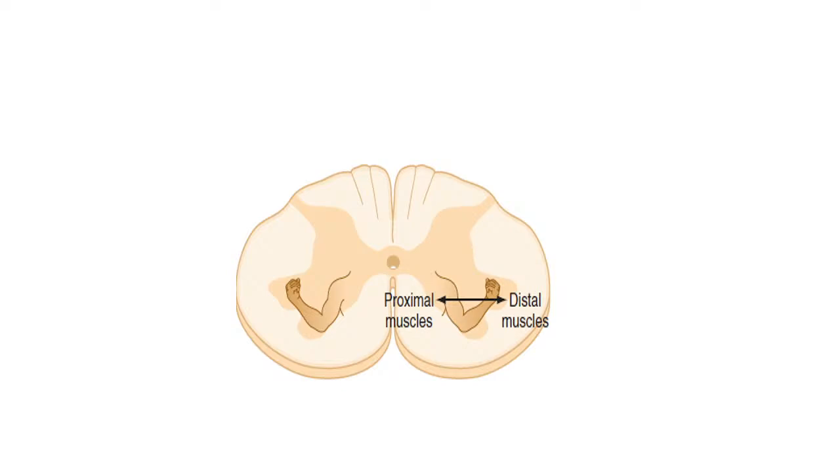It means that the medial most part of the anterior gray horn represents the axial muscle, the intermediate portion represents the proximal muscle and the lateral most part of the anterior gray horn represents distal muscle. है ना ये बॉडी का मैप. सिट डाउन. So this is topography and somatotropic organization in the spinal cord.